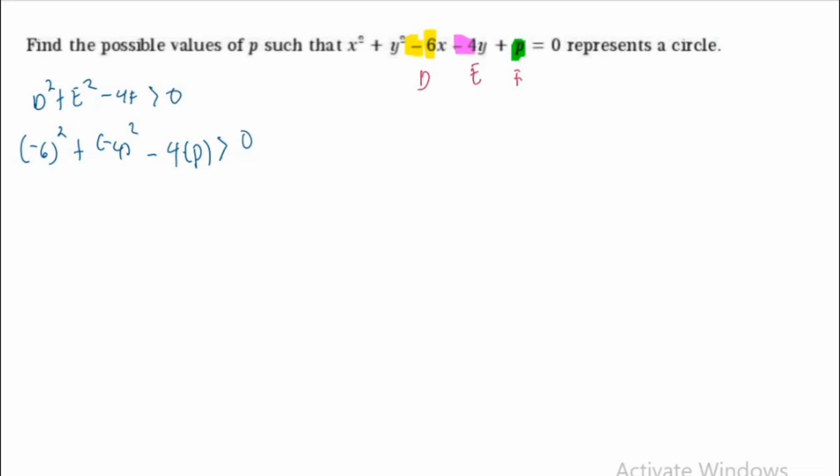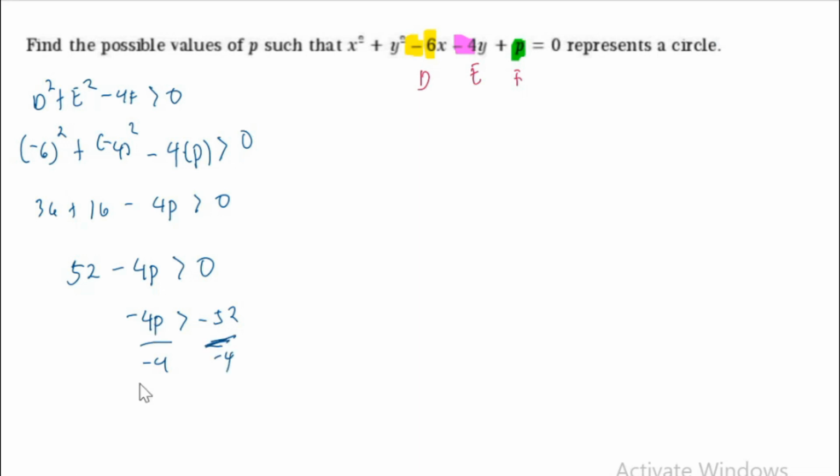Solving for this, the square of negative 6 is 36 plus the square of negative 4 is 16 minus 4p is greater than 0. So 36 plus 16 is 52 minus 4p is greater than 0. Transposing, we can write negative 4p is greater than negative 52, and divide by negative 4 to solve for p.